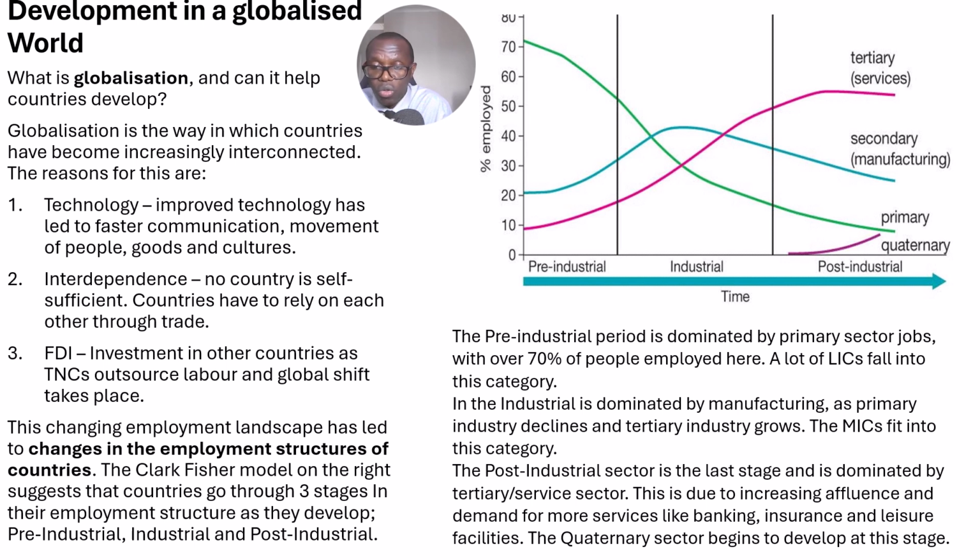So we know that a global shift has been taking place in the richer countries, and that has meant that manufacturing is no longer being done in those rich countries, but is being outsourced to the emerging economies. So that explains that decline in the secondary or manufacturing sector of industry.